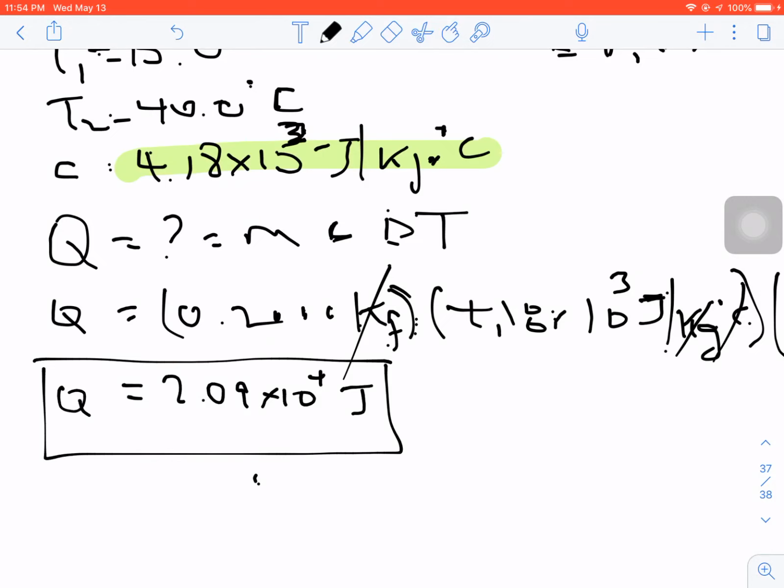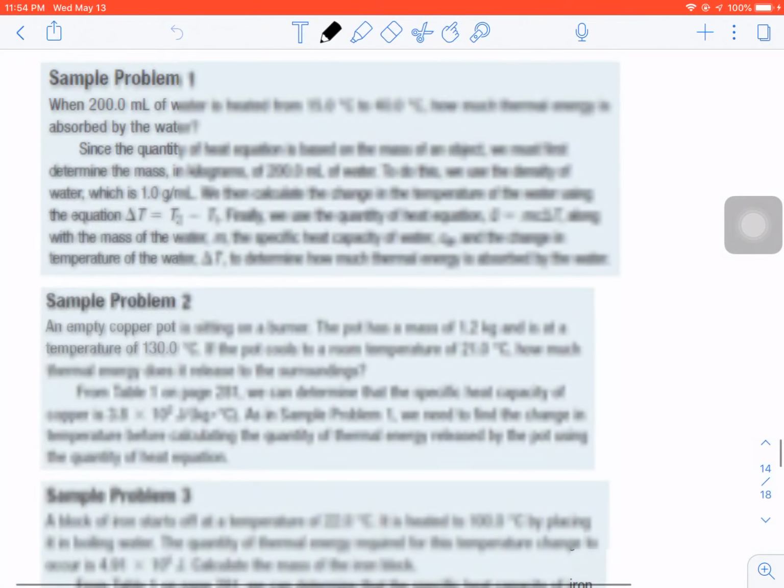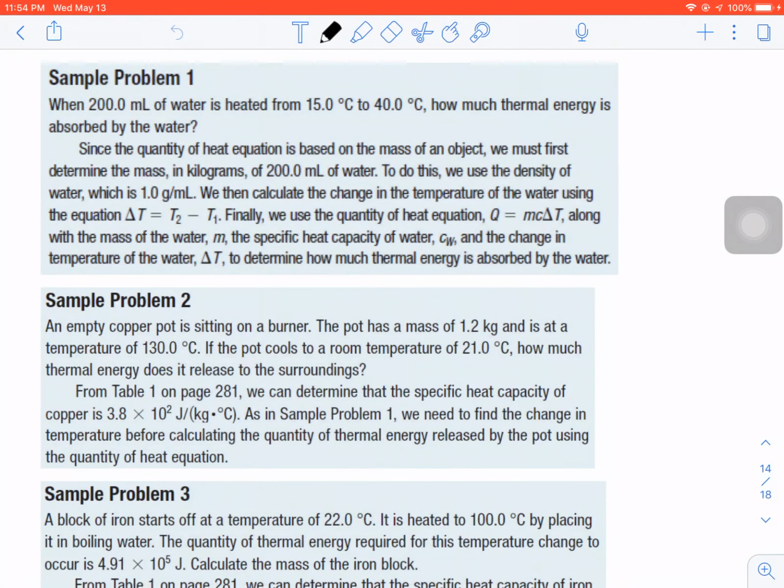Okay, so you can see our equation for this is going to be a little bit more complicated because we've now got a 4-variable equation. We've had 4 variables in some of our earlier formulas, like delta D equals V1 delta T plus half A delta T squared, so maybe this isn't going to be quite as drastic. If I look back at sample 2, it says an empty copper pot is sitting on a burner. The pot is 1.2 kilograms and is 130 degrees Celsius. The pot is now going to cool to 21 degrees Celsius, and how much energy does it give back to the surroundings?